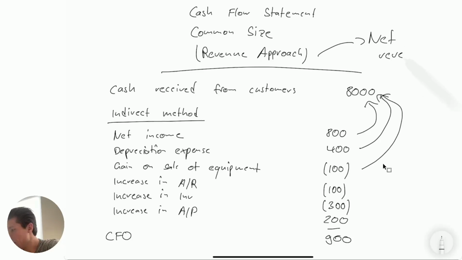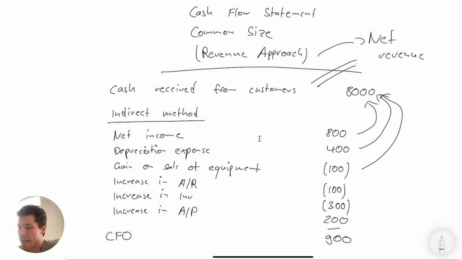And again, many times we call it the net revenue approach. However, just to be very correct, we use net revenue in the context of the cash flow statement here, and we equate net revenue with cash received from customers to make it a bit easier, because this is our main item for revenue generation.